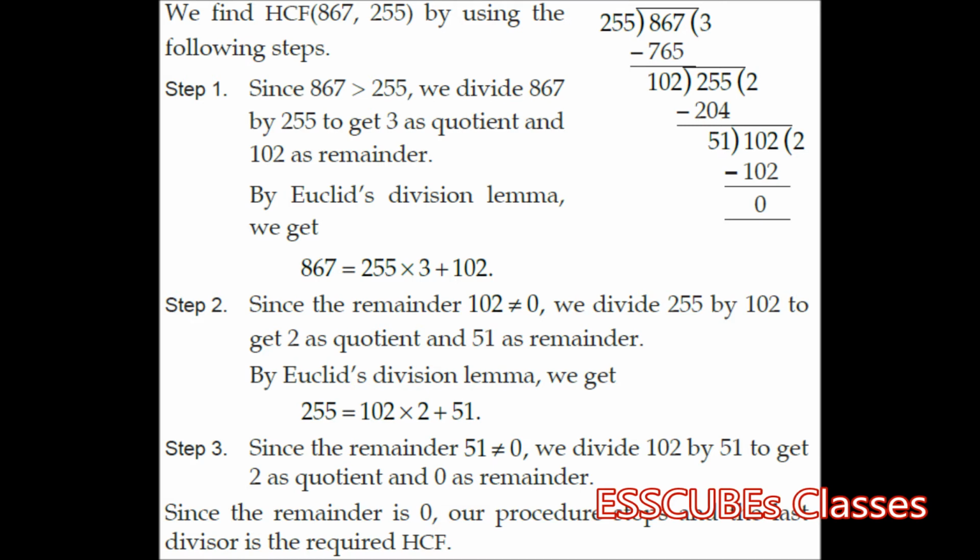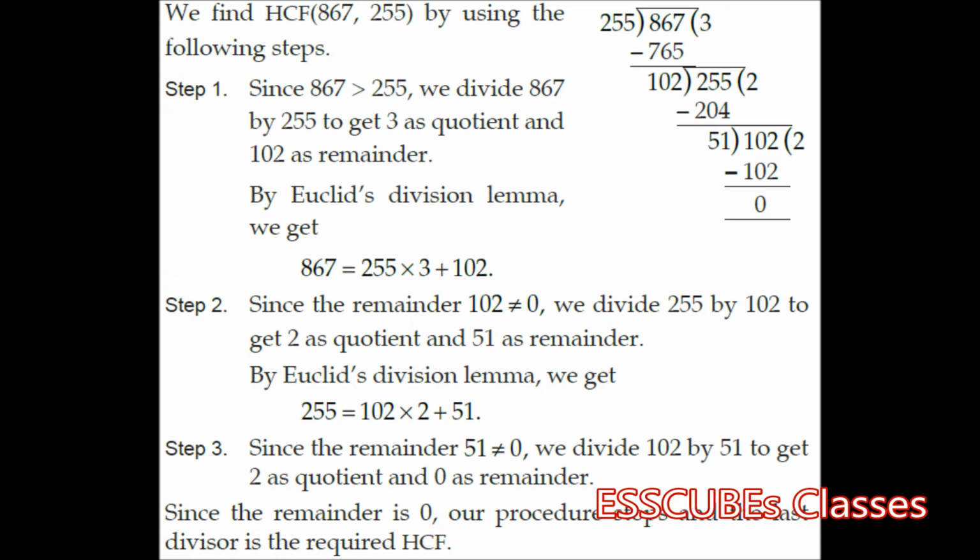We find that 867 is more than 255. That means we divide 867 by 255 and we get 3 as the quotient and 102 as the remainder. Now, what was said? If there is a remainder, then we go on with the successive division method.